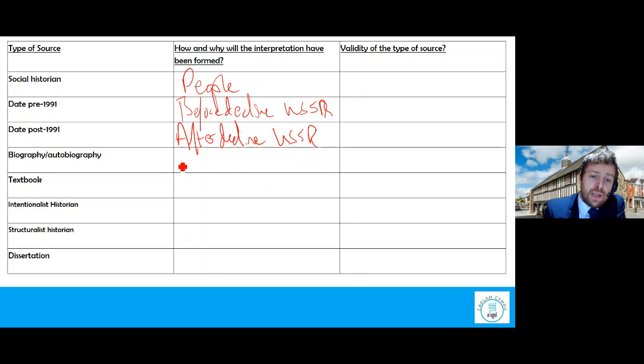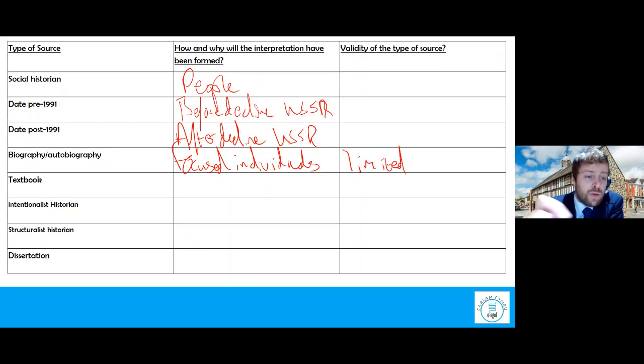Biography and autobiography tend to be focused on individuals. A biography is a history of an individual, whilst an autobiography is something that someone has written about themselves, a history of themselves. So it tends to often be quite limited in its perspective or focus because it focuses on the individual.